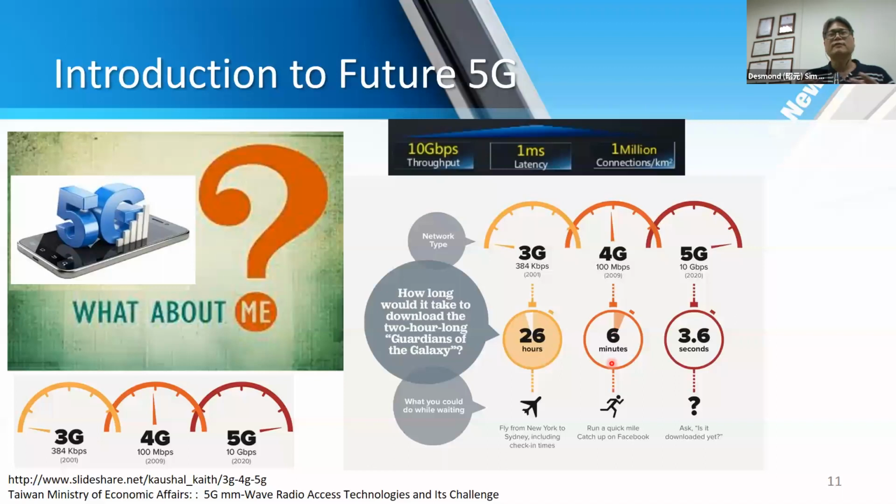So let's talk about 5G right now. Some people don't understand what 5G is, and they keep asking me what's so good about 5G. There's a lot of talk about 5G, but most people do not really understand it. It is quite easily understandable because it has three criteria.